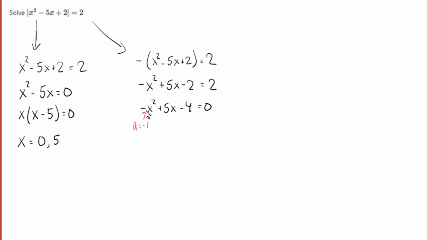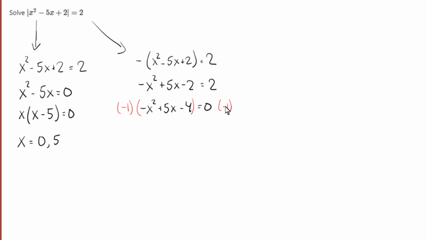Now, we can make it positive 1 with this simple trick. Let's get rid of this here. We can make it positive 1 by multiplying the entire left-hand side by negative 1 and the right-hand side by negative 1.